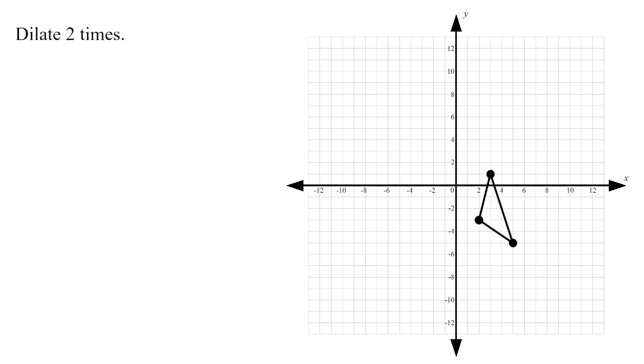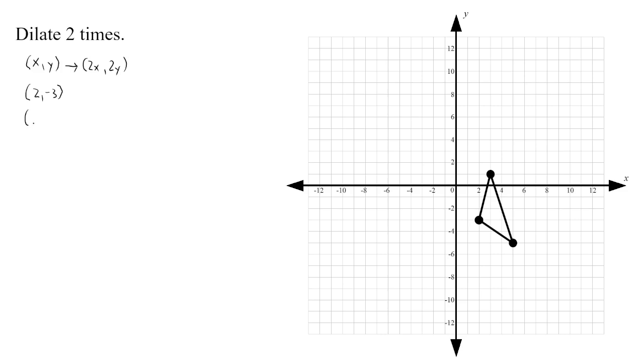Next, we're going to dilate 2 times. And the transformation rule to use is this one. So first, we're going to list our points. We have 2, -3.